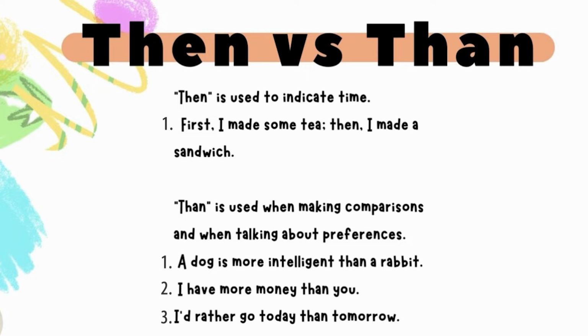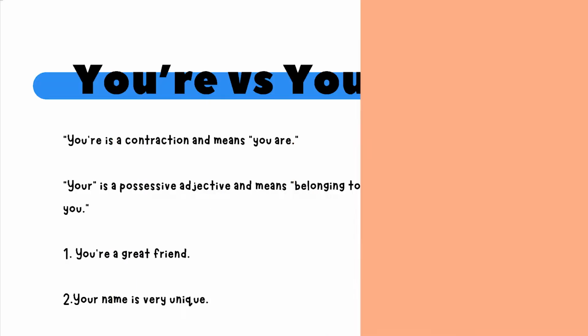It says, I have more money than you. I'm comparing myself with you essentially, so I also use than in this context. And the third example expresses a preference. I'd rather go today than tomorrow. And so than is used when making comparisons and when talking about preferences.